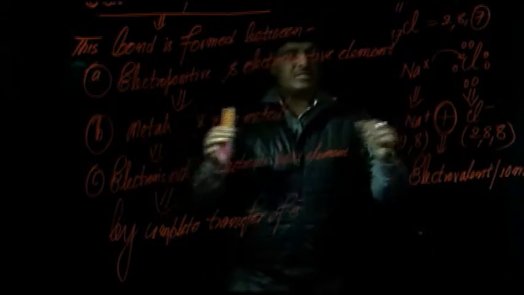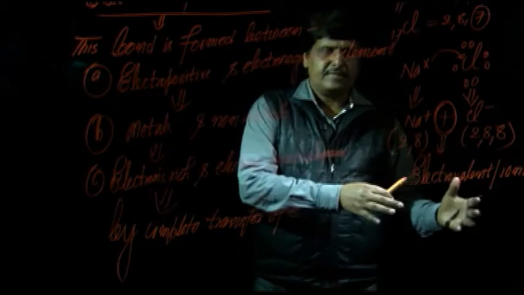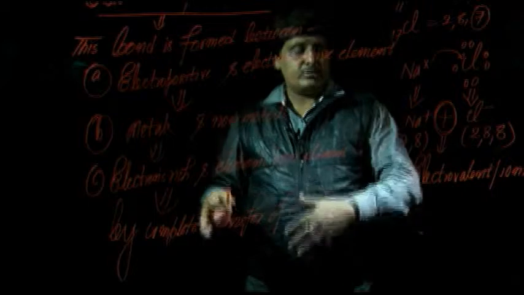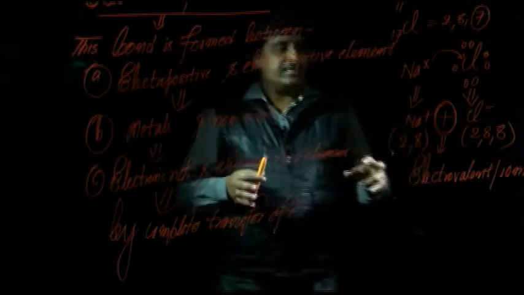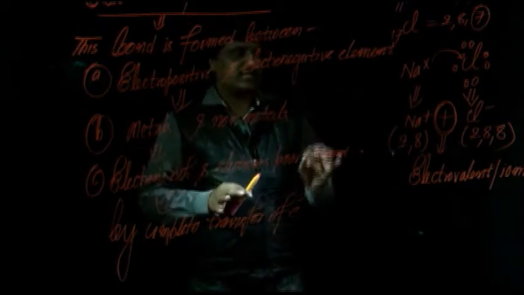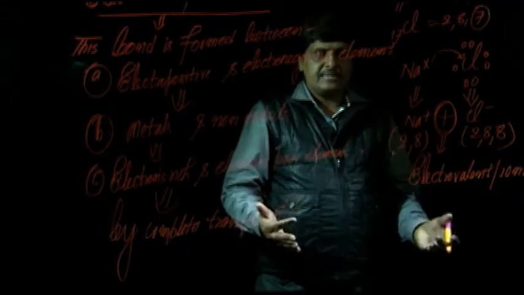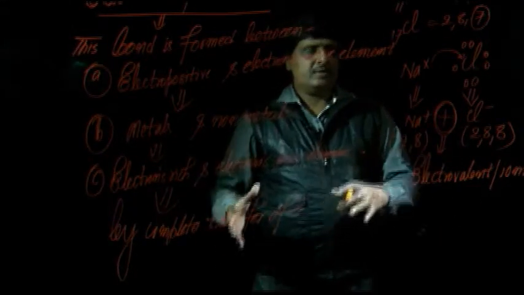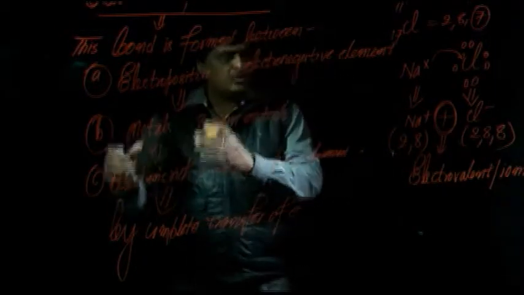As far as the properties are concerned, all ionic compounds like NaCl in aqueous solution are very good conductors of electricity. Secondly, ionic compounds like NaCl are highly soluble in water, because water is also an ionic solvent.